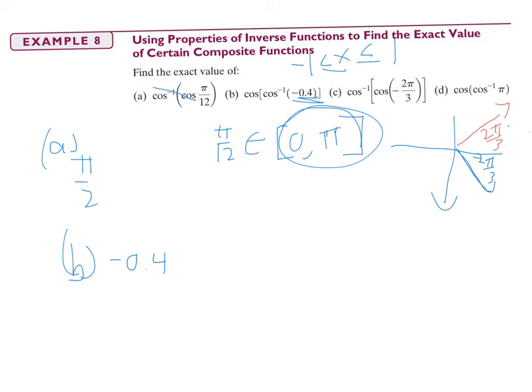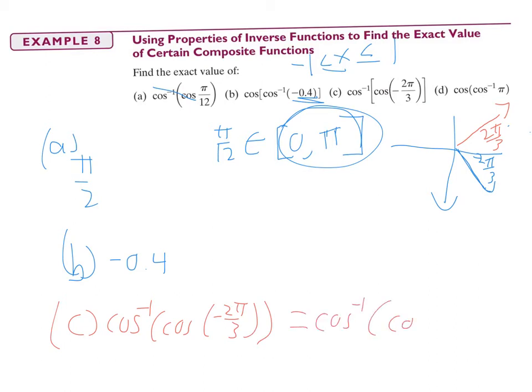And so for part C, cosine inverse of cosine of negative 2 pi over 3 is equal to cosine inverse of cosine of positive 2 pi over 3, which would just be 2 pi over 3.